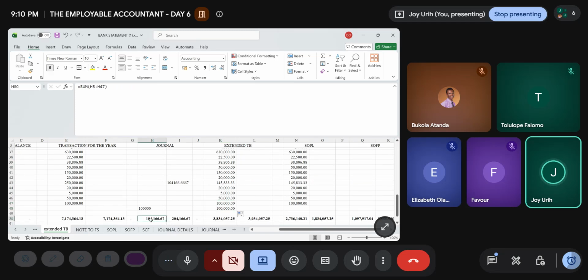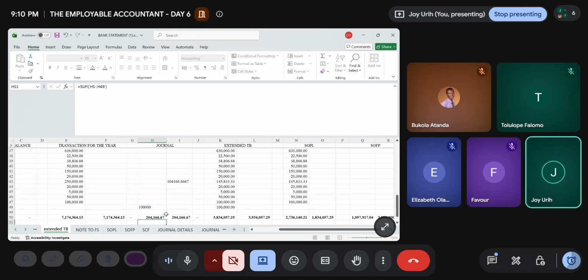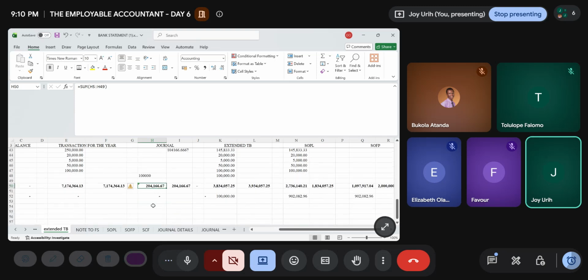My summation did not pick this, so I need to drag it so it can pick it. The same thing is happening here. My summation did not pick this, so I need to drag it.